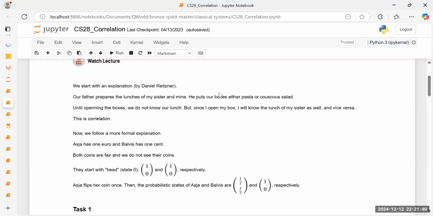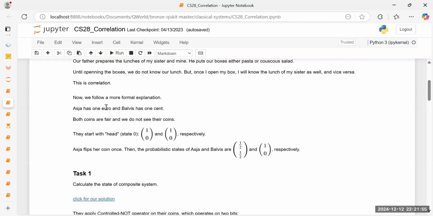So when we looked at correlation, we had some explanation with which we utilized 2 coins.